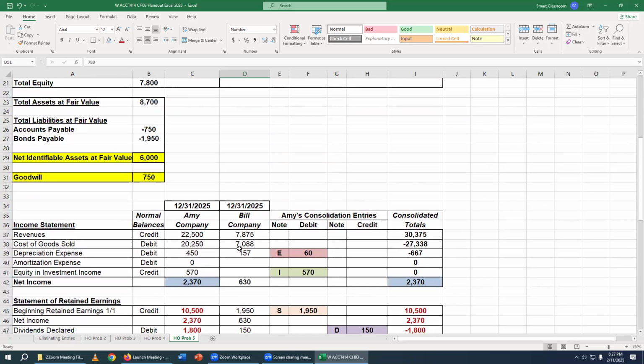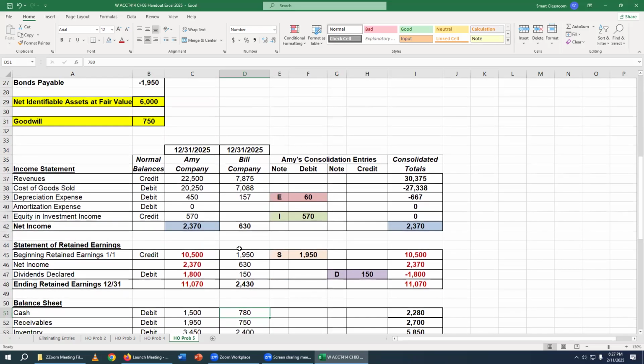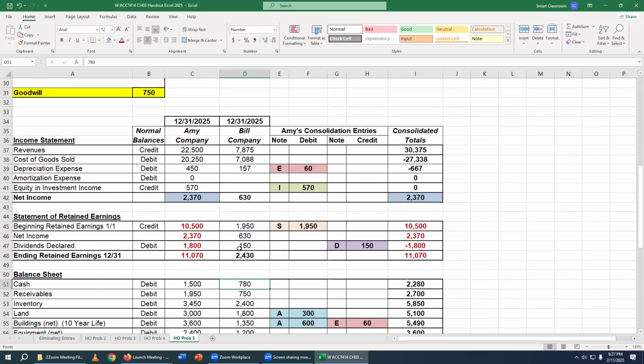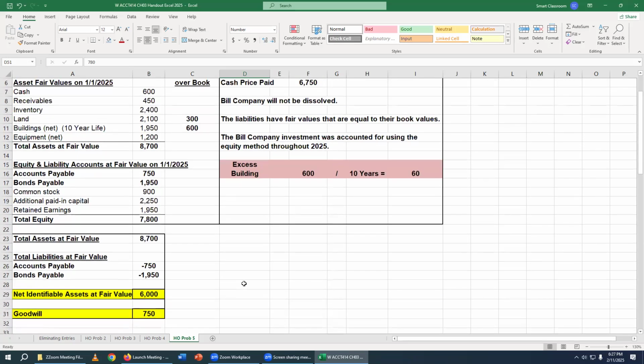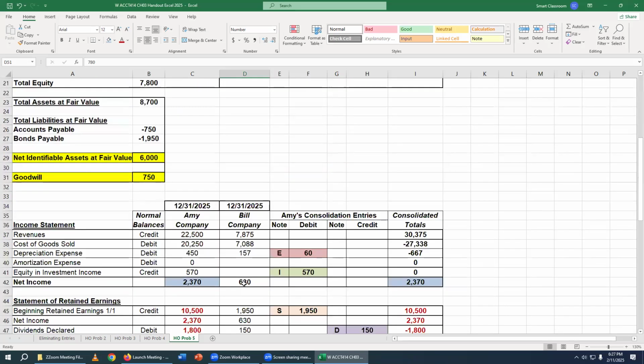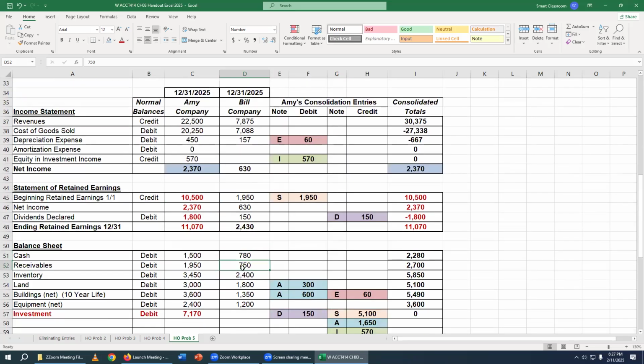But when you scroll down into the other statement, you realize that the cash is now 780 and then the receivables is 750. Yep. But we don't make adjustments for that. We only make adjustments for the fixed assets. May I ask why?